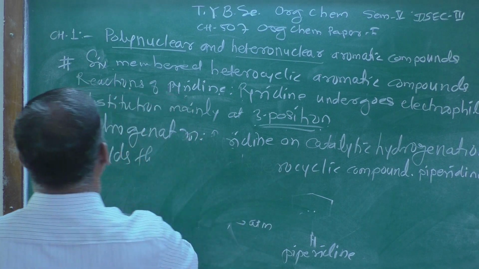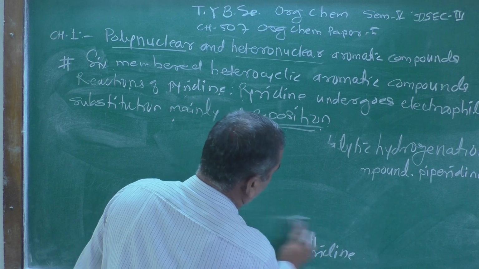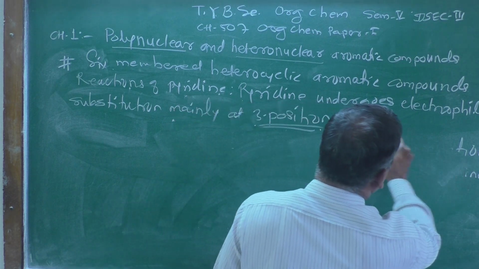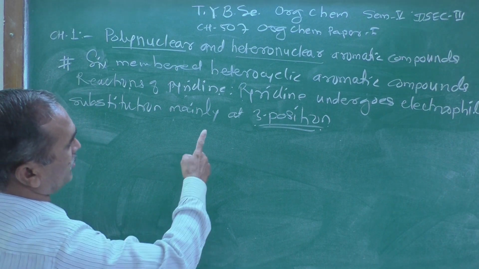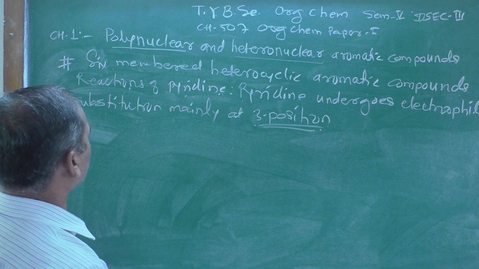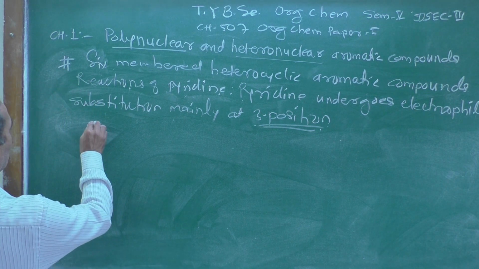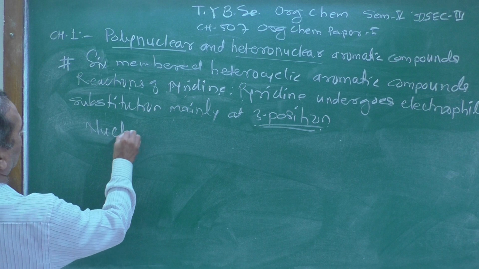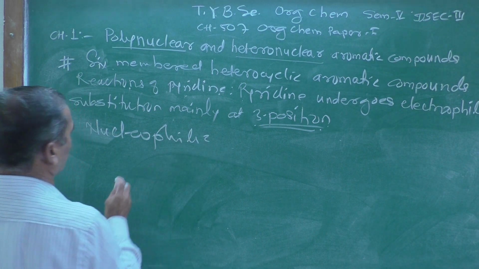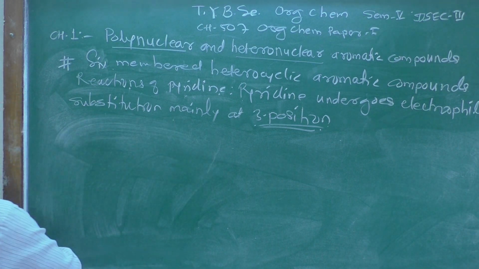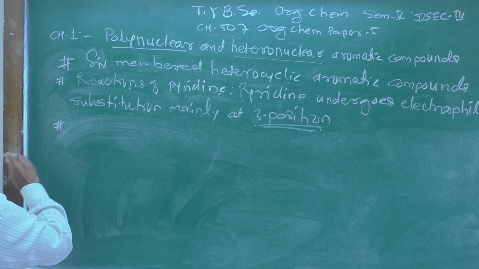Here we have seen the electrophilic substitution of pyridine. Pyridine undergoes electrophilic substitution mainly at 3 position. Now the nucleophilic substitution. This is the first point we have seen. Now let us see another point.